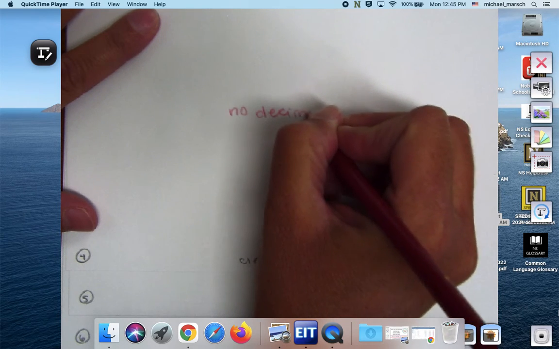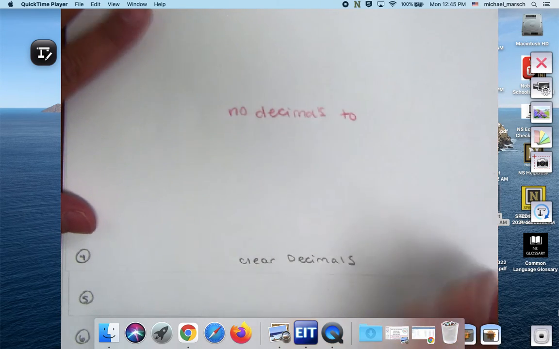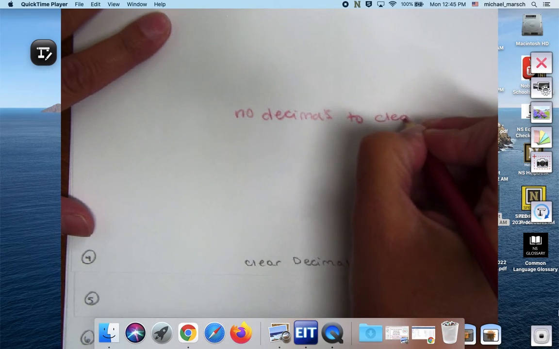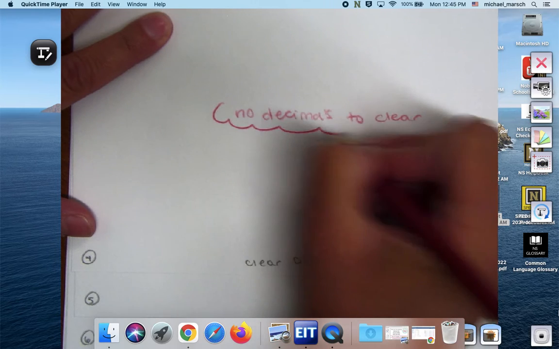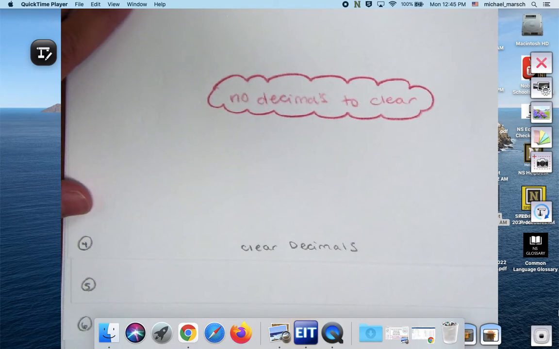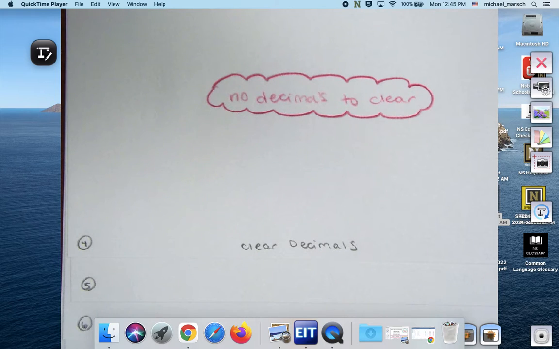On the top part or in the big box? In the big box right on this same thing. Yep. So we will practice clearing decimals a different way because we don't have decimals in this equation. You can't have decimals and fractions and make it all work, so we'll come back to that.